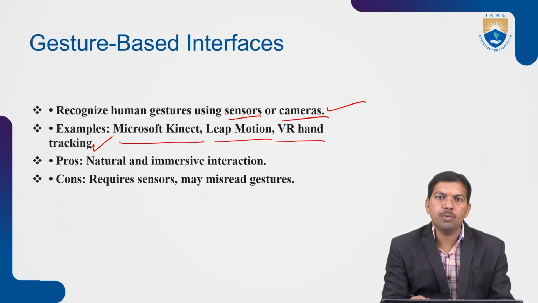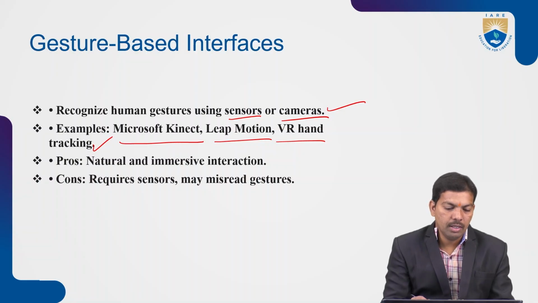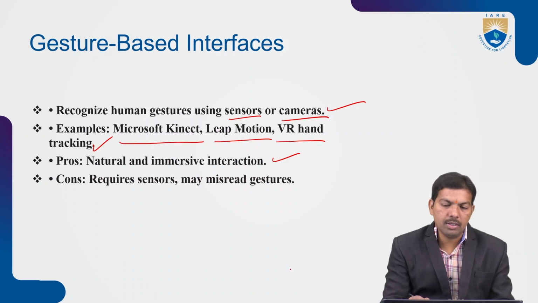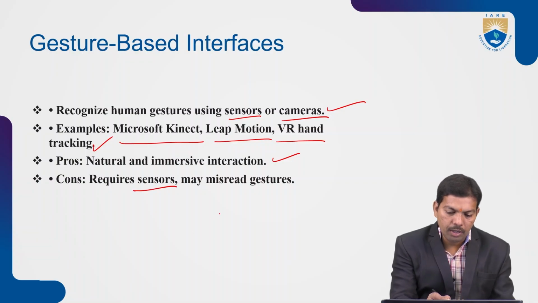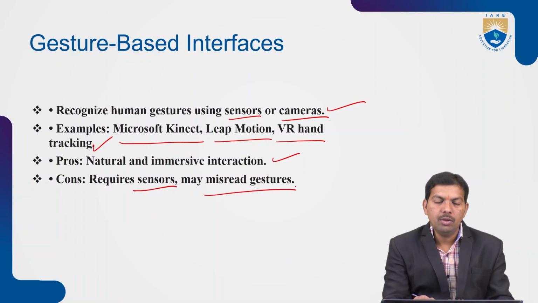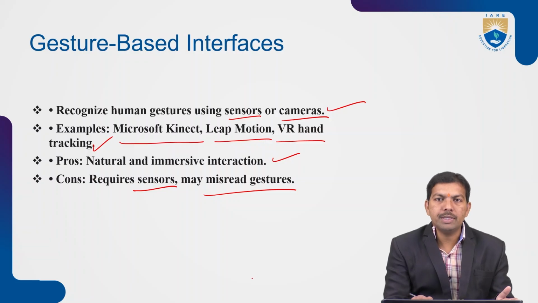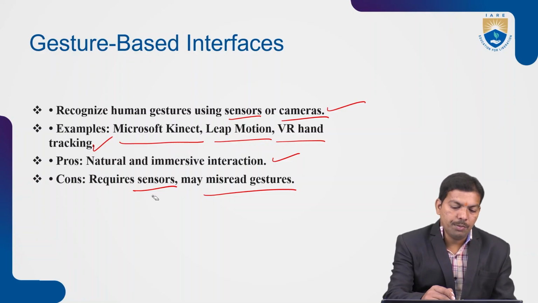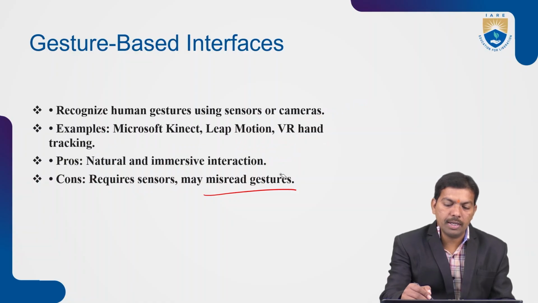Pros and cons: if you are using sensors and cameras, it is a very natural and immersive interaction. And cons: it requires sensors and may misread gestures. The sensors and cameras may misread the gestures of human beings, so it may give some error, taking it as a misinput.